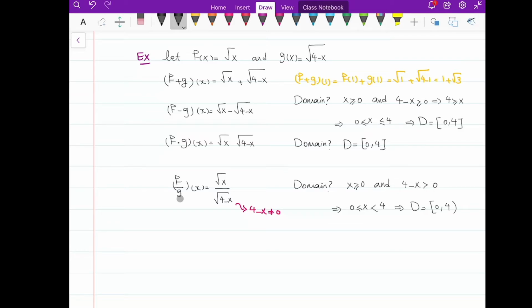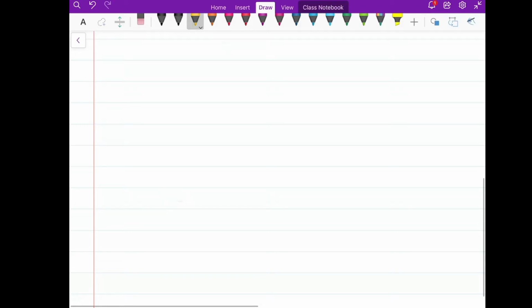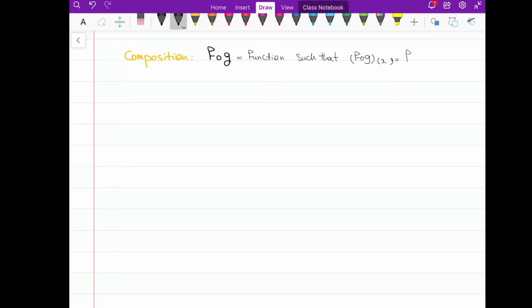So addition, subtraction, product, and a fraction. There is also another interesting one that is called composition of two functions. So I'm going to talk about composition. We show it by f circle g, and it's a function such that f circle g at any point x is equal to f at g of x.